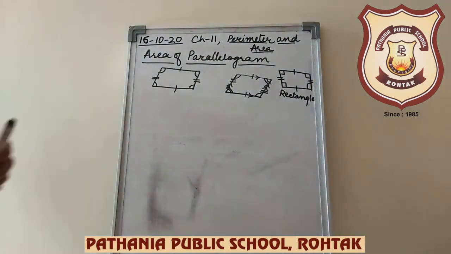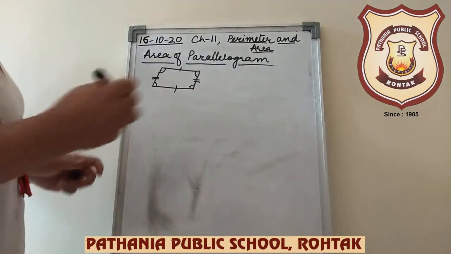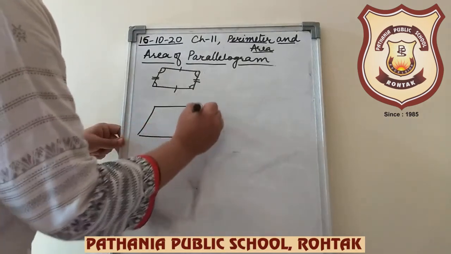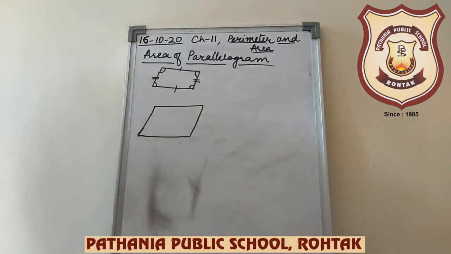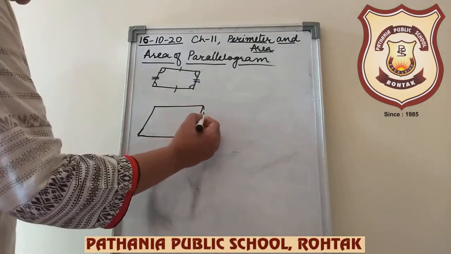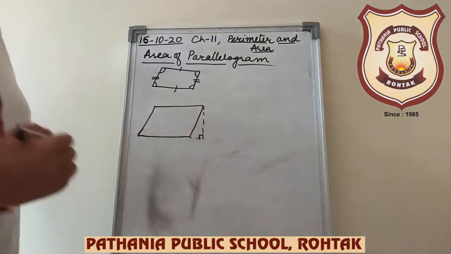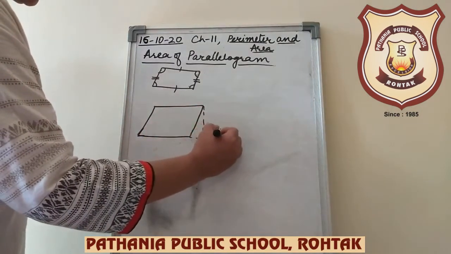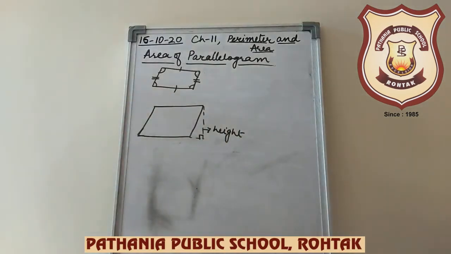Now when I draw a parallelogram, from this vertex, if I draw an angle of 90 degree, this is called the height of the parallelogram.